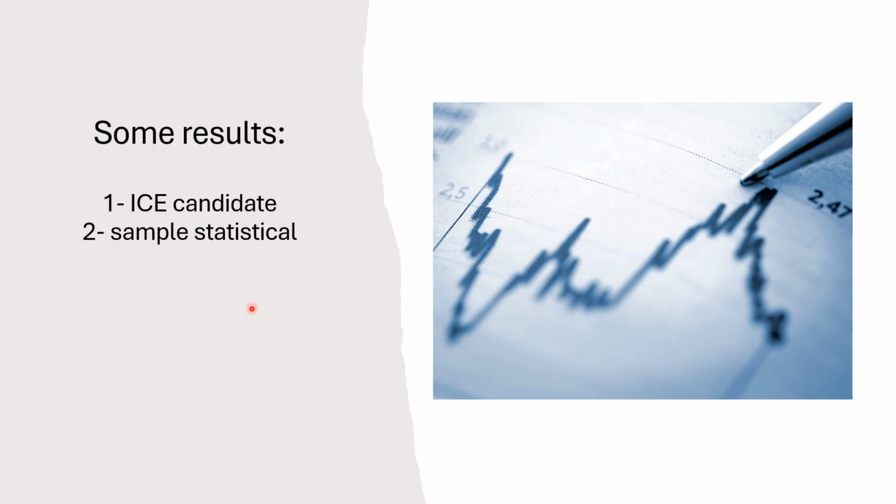My project includes more results and more plots, but because of the lack of time, I show you some special parts of the project. I want to show you some samples and results about the ICE candidate, and then show you some scenarios.